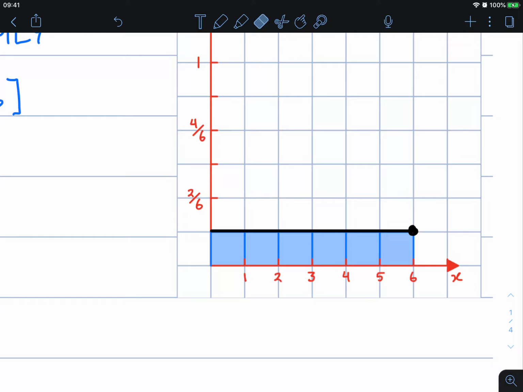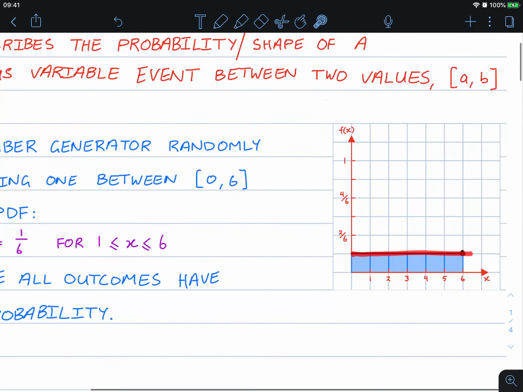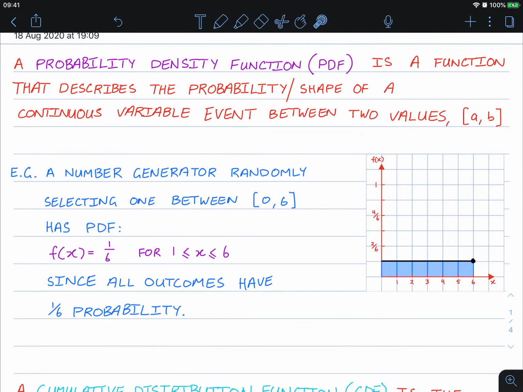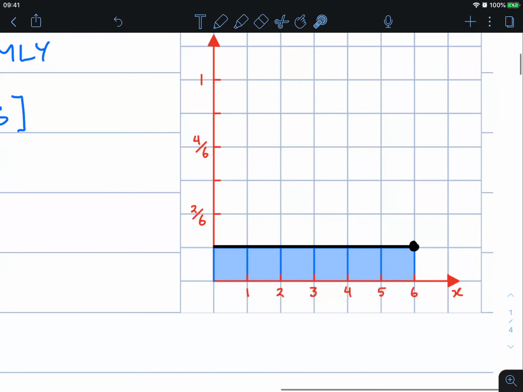You might see this as something very familiar to a dice roll. But instead, this random number generator can pick any number between 1 and 6, whereas dice can only pick the numbers 1, 2, 3, 4, 5, or 6.